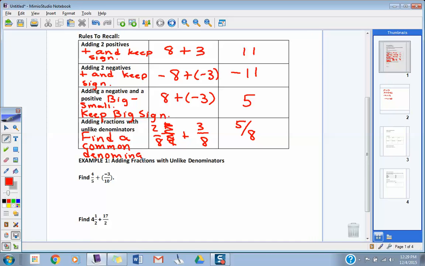That's the bottom number in the fraction. Get those bottom numbers to be the same, and we'll roll with this. I have a couple of examples to start with, to figure out what we need to do when we add fractions with unlike denominators.